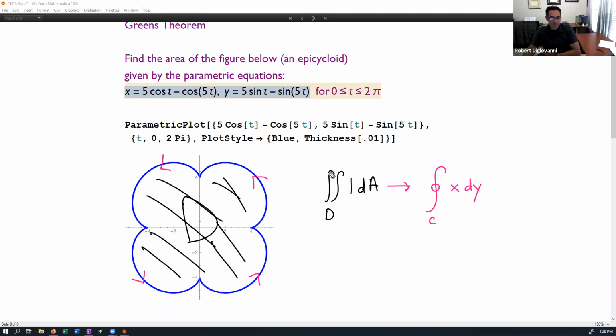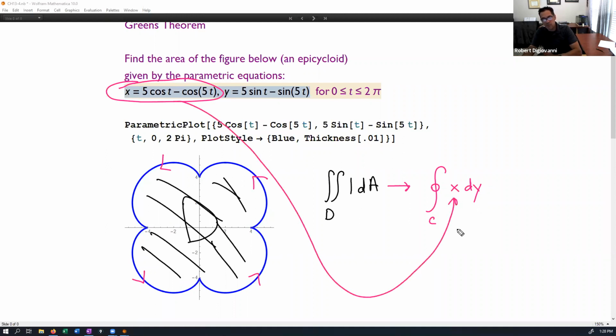Which means all we have to be able to do is plug x in right there and then take the derivative of that and plug it in here, right? Take the derivative, and then hope we can integrate it, okay? We have to be able to integrate it. Understand?